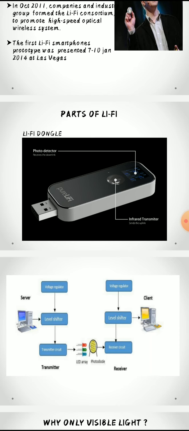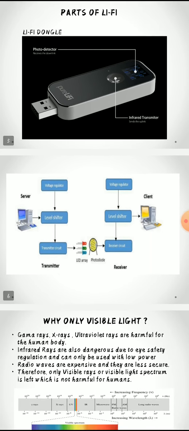The photo detector catches the light and converts it into a data signal, and the infrared transmitter transmits it onward. As we can see in the lower picture, there is a server which produces some signal which is transmitted through LED lights, and on the other side there is a photodiode which catches the signal, converts it, and transmits it to a client, meaning your computer, desktop or any mobile.